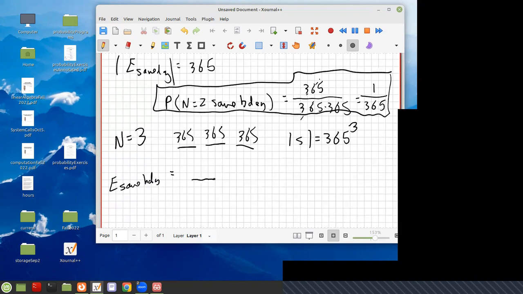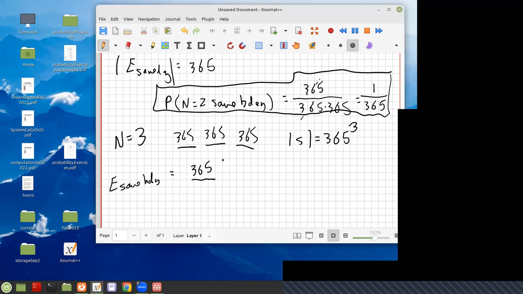Well, the first person could be in any of 365 days. But then the problem is that the second person could, well, there are lots of different possibilities. For example, the first person could have the same birthday as the second person, and then the third could have the same birthday as this one, or these two with the other.